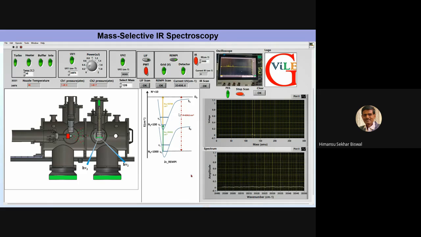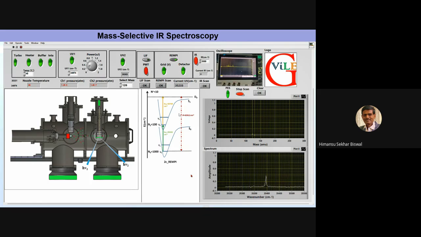Here you will not have a peak at 35331. You will have a peak at that band origin position. This is very highly selective. This is called the 6A transition. Then you will have the sigma, the intermolecular vibration.